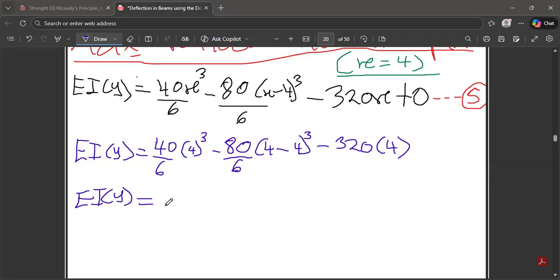40 over 6 multiplying bracket open 4 exponent 3. I'm getting 1280 all over 3. Let's do the other one. Minus 80 over 6.